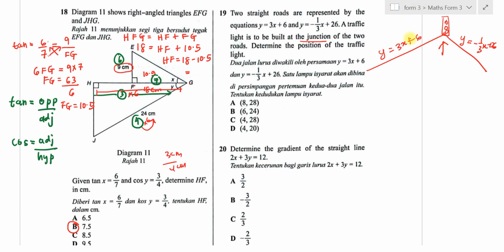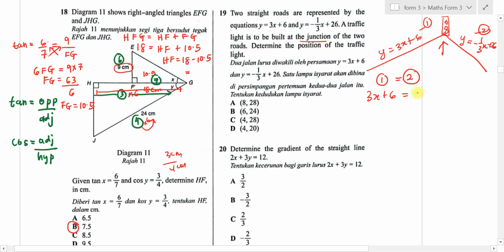To find the point of intersection, let this be equation 1, this equation 2, and let both equations be equal. We solve it simultaneously, by substitution is possible. You can also use the elimination method. So 3x plus 6 equals negative 1 over 3x plus 26. Just ignore the y.